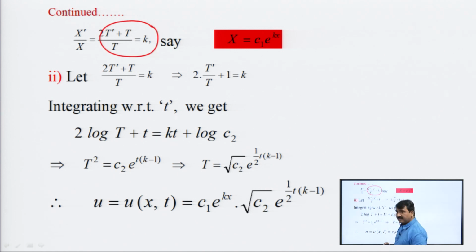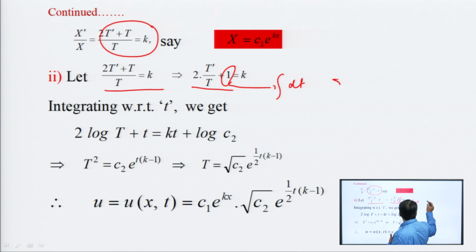Now, if we consider the second one, it can be written in this form: 2 into T dash by T plus 1 is equal to k. Again if we integrate with respect to t, then we get 2 log t plus t, because this is the integral of dt, equal to the integral of k dt plus log C 2.